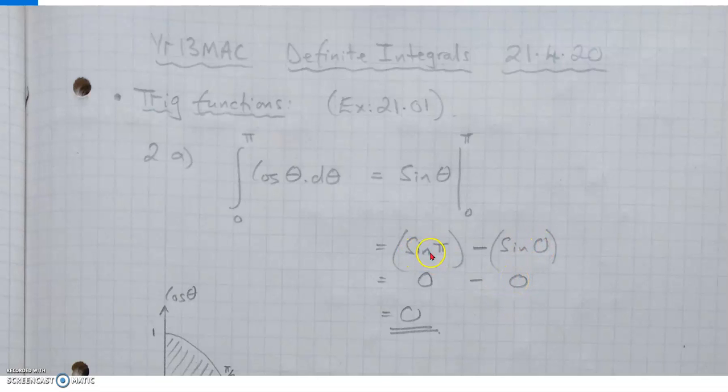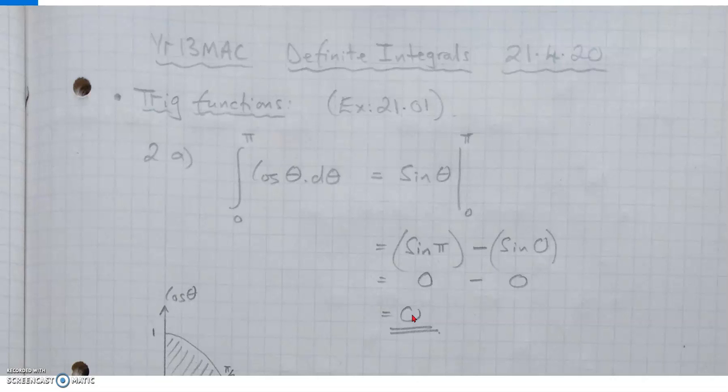But the sine of pi radians is also 0. I could explain that using the unit circle and show you why the sine of pi, or 180 degrees, is 0, or you could try that on your calculator and see that you do get 0. So it's 0 taking away 0, and that is nothing. And that's the answer.